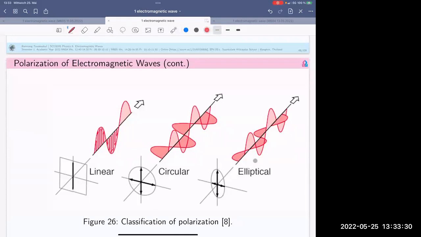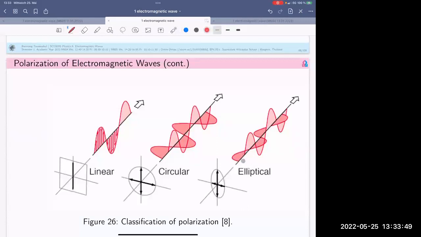On the third figure, we have two components again of the E field, one on the horizontal plane, another on the vertical plane. But on the vertical plane, we have a greater magnitude.